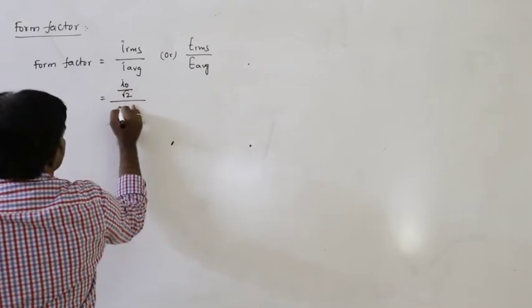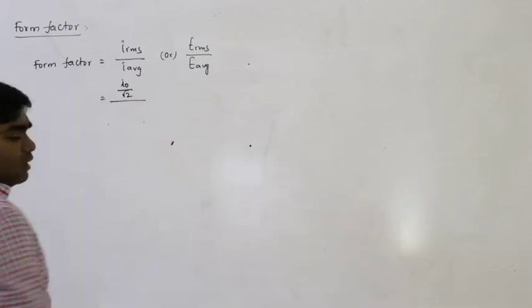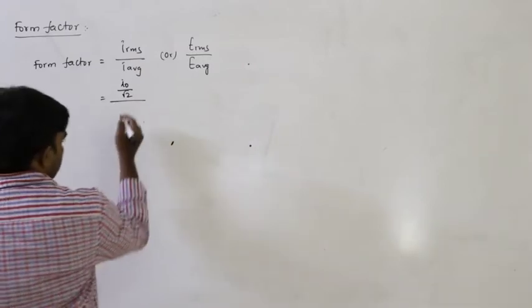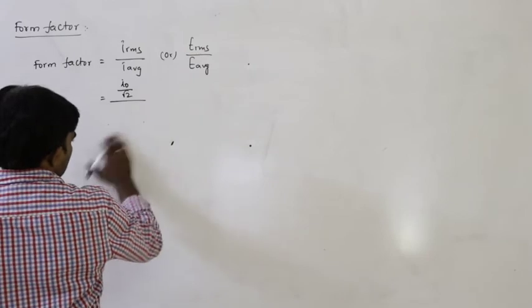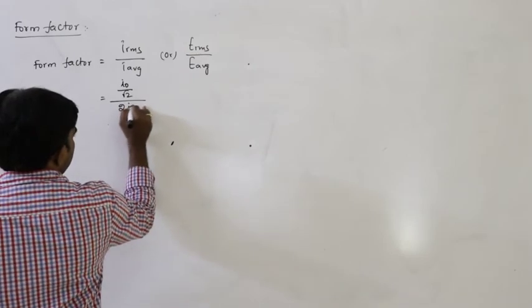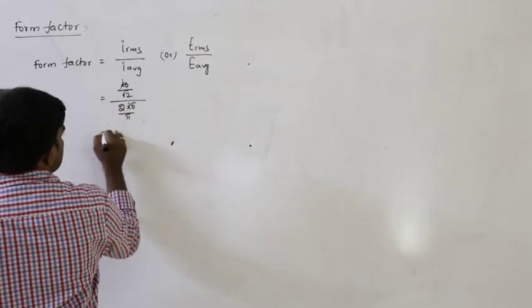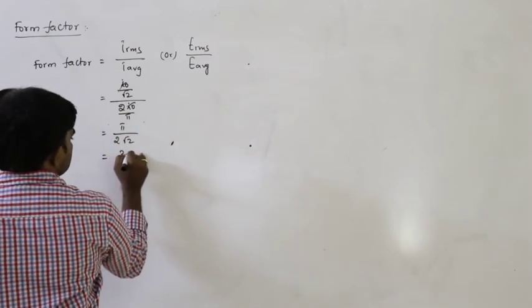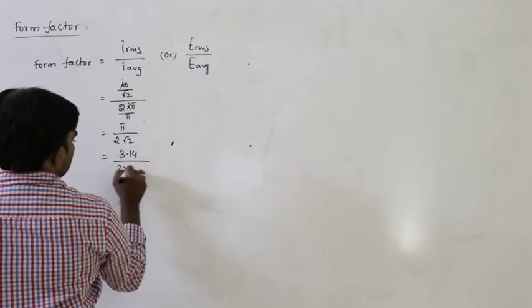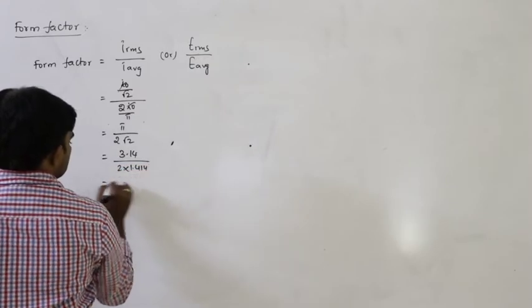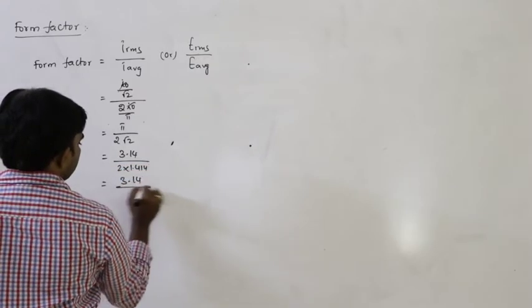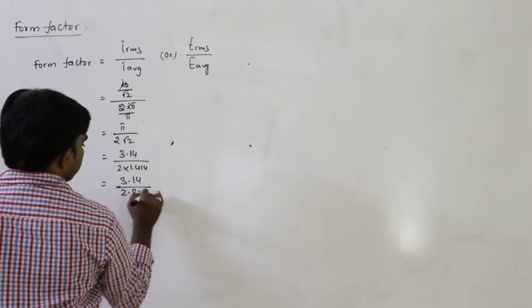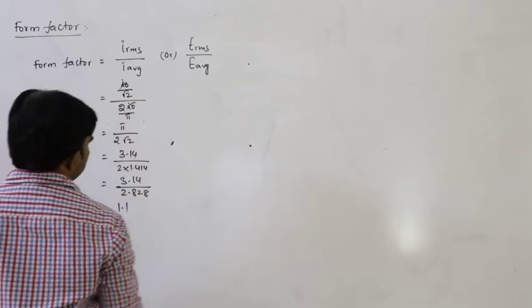I average is 2 I naught by pi. I naught cancels, so it becomes pi by 2 root 2. Pi is 3.14, root 2 is 1.414, so 3.14 divided by 2.828, nearly 1.1.